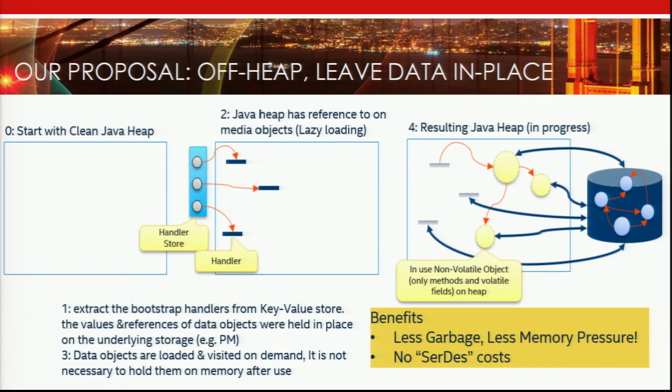By doing that, we have much less garbage to collect. The only things to collect inside the Java heap are the handler, which tells where the data is, and the volatile fields and methods, which we call the schema area being loaded. The real data is stored over here and accessed via get and set operations. That's the basic idea of this model.